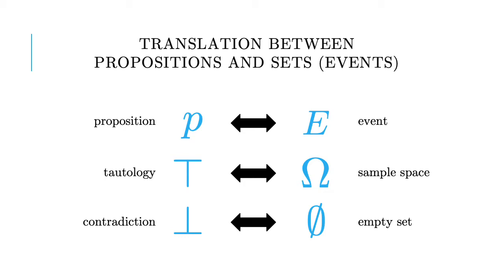Similarly, a contradiction will be equivalent to the empty set. For the contradiction, think P and not P. And for the empty set, you can think of it as the event that nothing occurs.